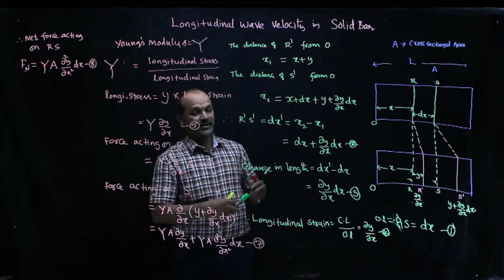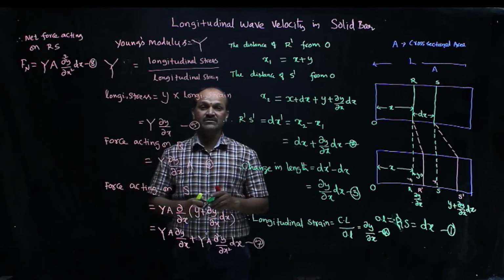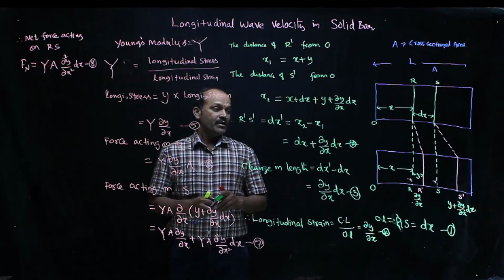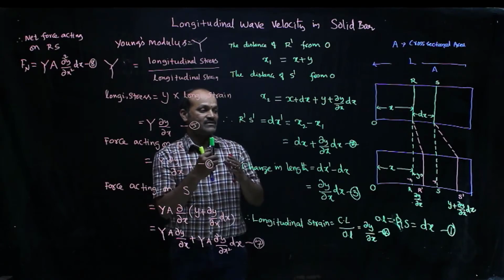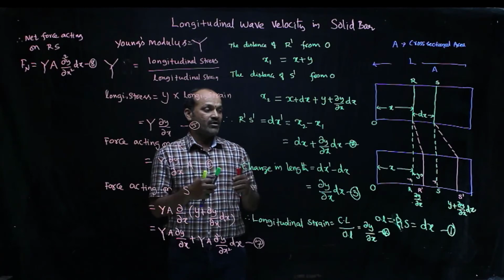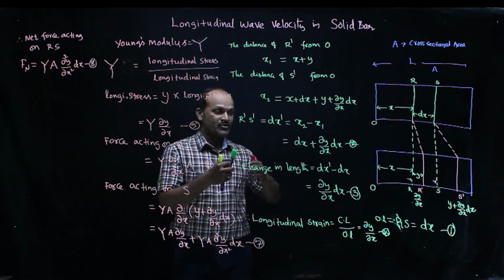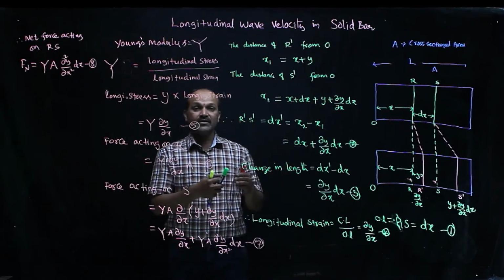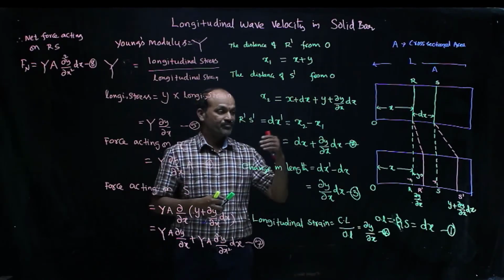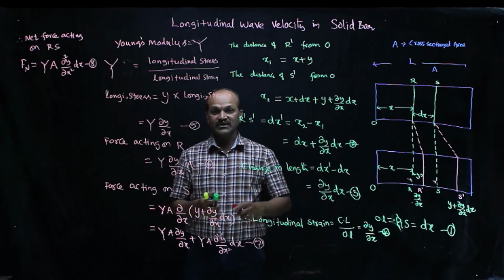When the wave is propagated through that portion, it experiences this force. So the RS is shifted to R'S'. When the R'S' position has taken place, because it gets accelerated, according to Newton's second law, we can write the force in terms of its acceleration.